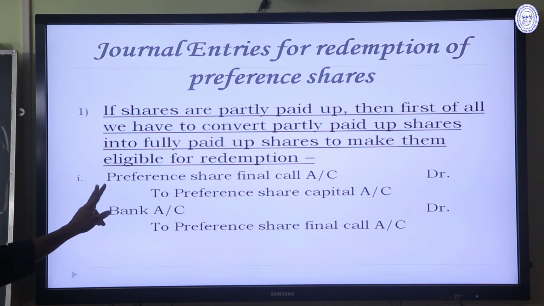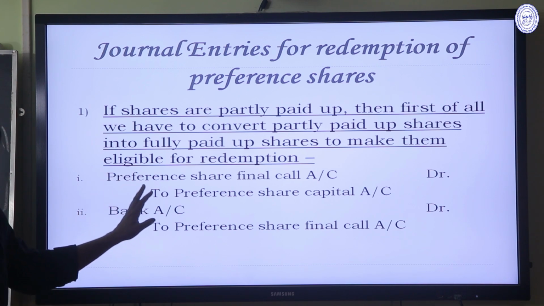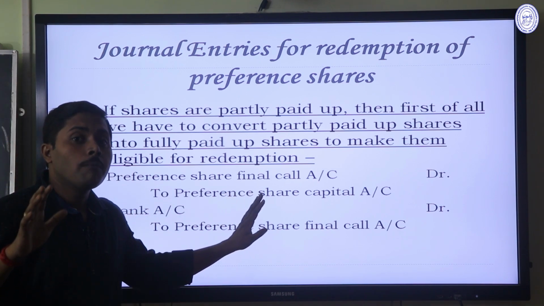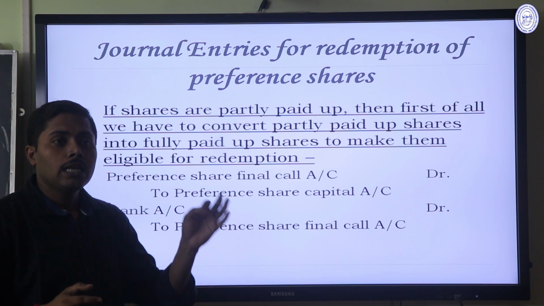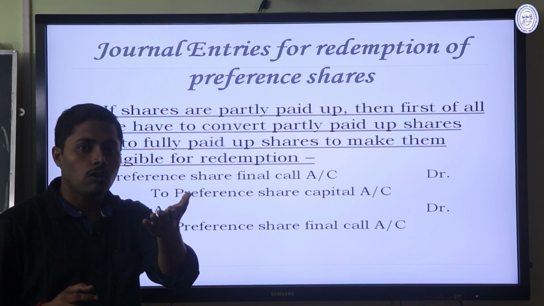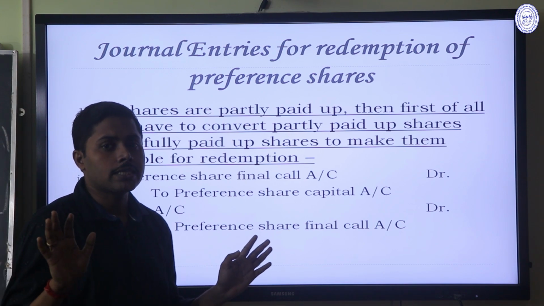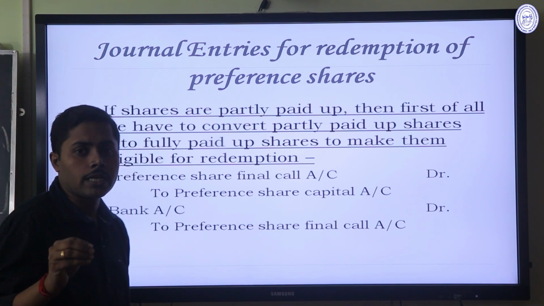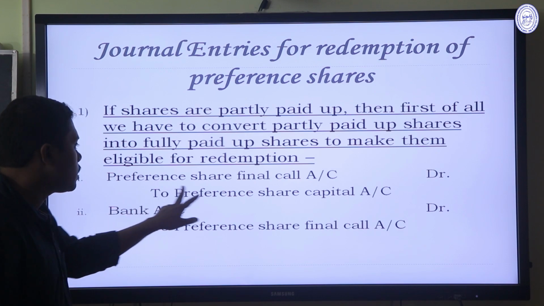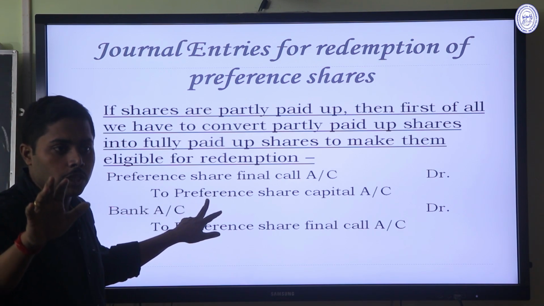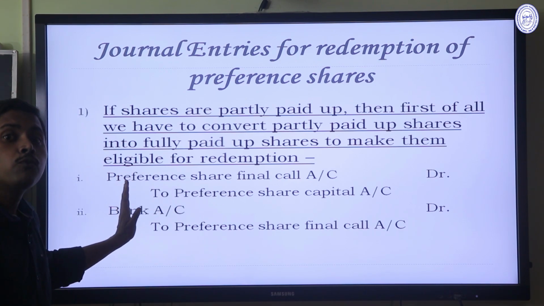The first is when the shares are partly paid up. As I already told you, no partly paid up shares can be redeemed, only fully paid up shares can be redeemed. So the first provision is, if it is a partly paid up share, you have to make it fully paid up.